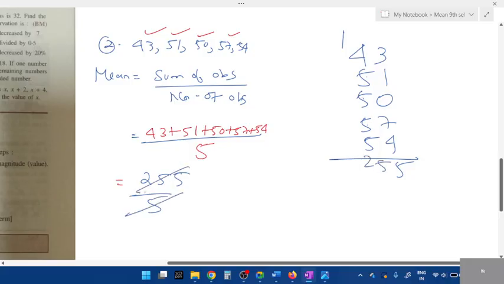So if you divide by 5, how many times does it go, students? 50. This is the answer.